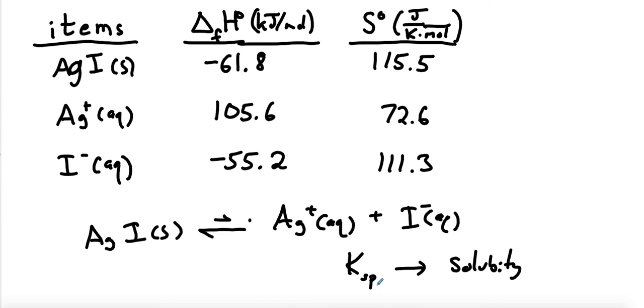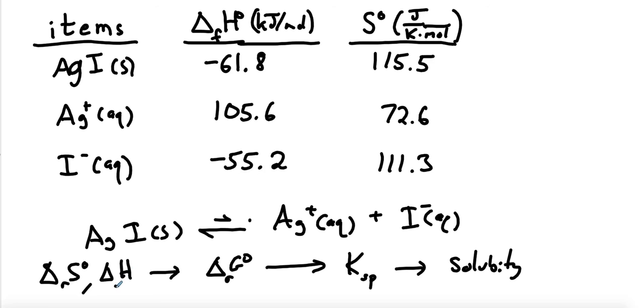Notice this is KSP. There's a bunch of different flavors of K, and they'll just have different subscripts, but they're all just K equilibrium. They're all just different equilibrium constants. We could get that from delta G standard. So we could get delta G standard if we had values for delta S standard and delta H standard.